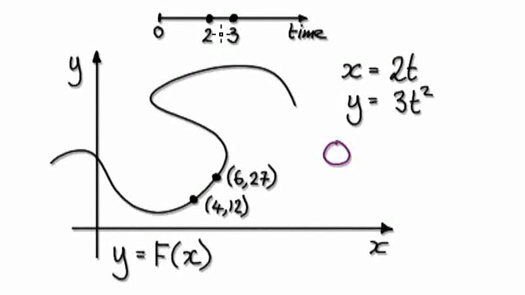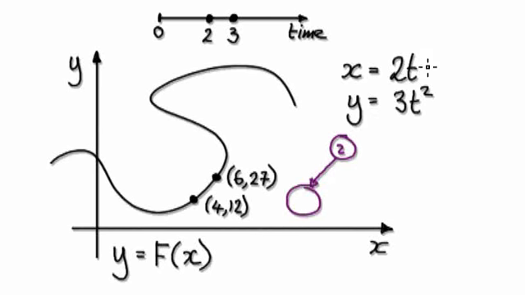So you input 2 here, and following this, the x coordinate will be 4. So at time 2, the particle will be here.